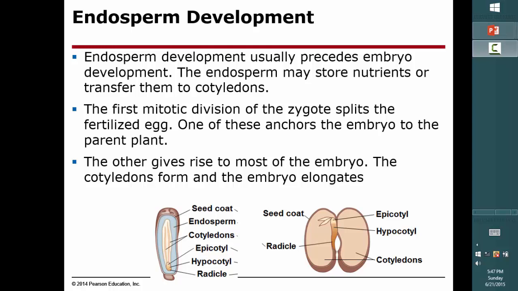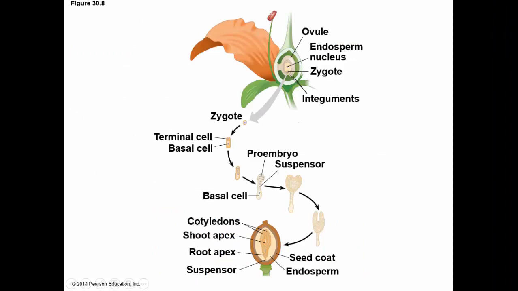The other of the two cells develops into the embryo. The cell divides many times, and the embryo gets longer and longer.